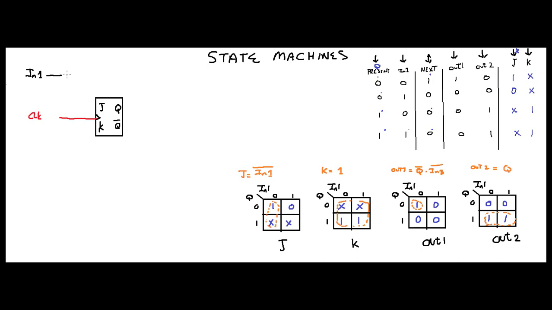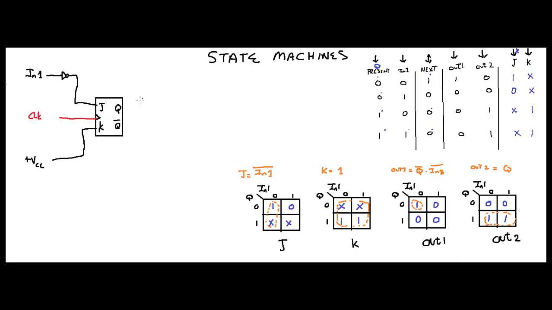J is equal to in 1 bar, so we're going to go through an inverter here, aren't we? Let's take it, and then we'll go into J. Got it? Okay. K is always 1, isn't it? So that can go to plus VCC. Your plus 5 volts.